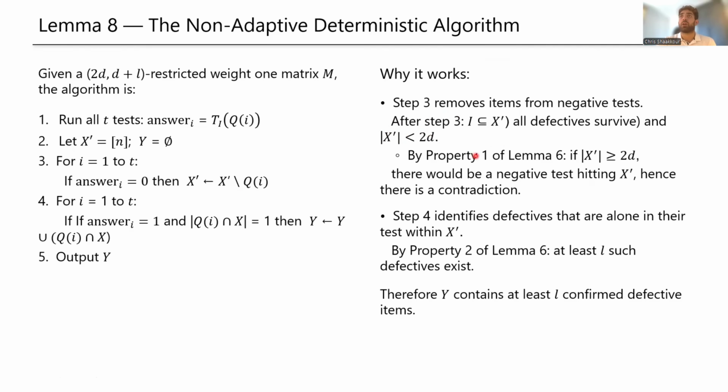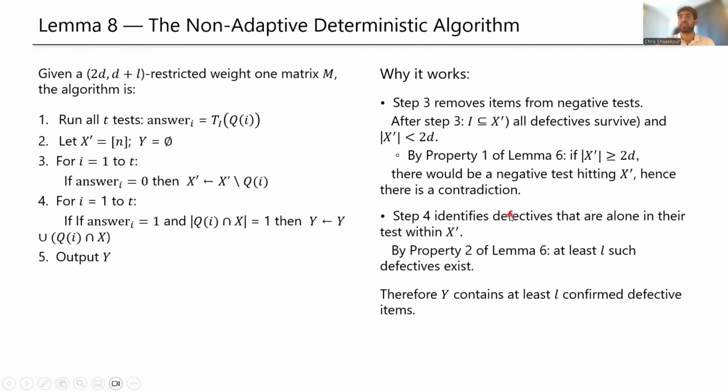If we look at property 1 of lemma 6, if the size of X prime is greater than 2D, there would be a negative test hitting X prime, hence a contradiction. Okay? So it can't happen that the size of X prime, which holds all the positive defective items, is greater than or equal to 2D. So it must be smaller than 2D.